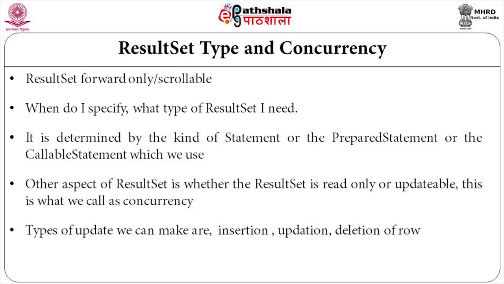What's the difference between scroll sensitive and scroll insensitive? Scroll sensitive means the result set is sensitive to the changes taking place in the database. Say I have obtained the result set already, and as I navigate and extract data from it, if some data value is updated in the database which corresponds to a row in the result set, then if it is scroll sensitive, that change is going to be available to me.